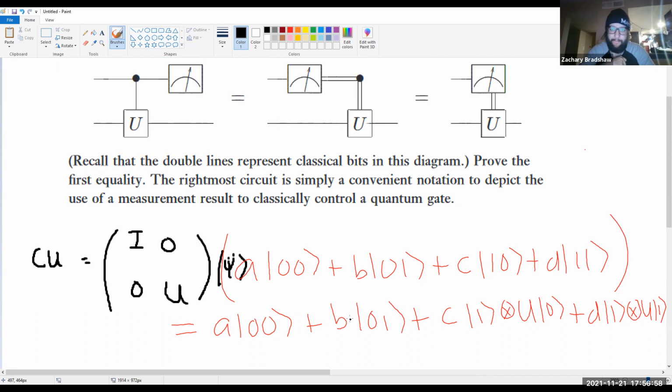And then we make a measurement on the first qubit, which was the controlled one.